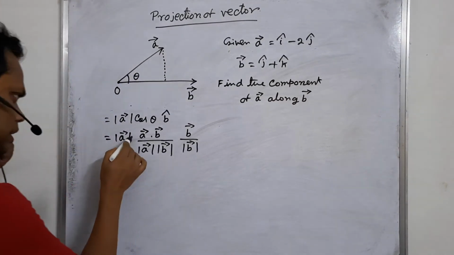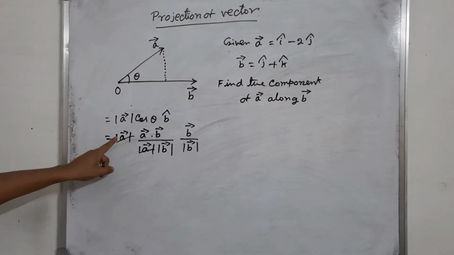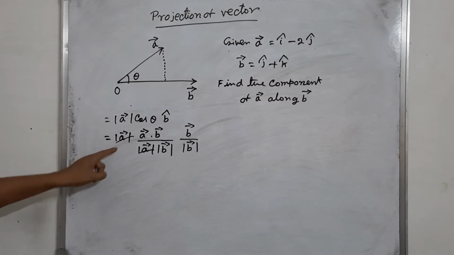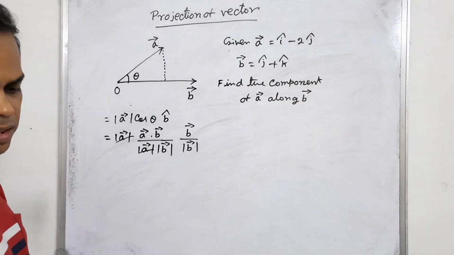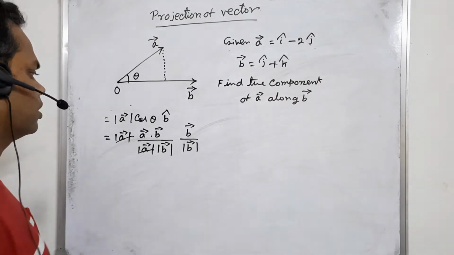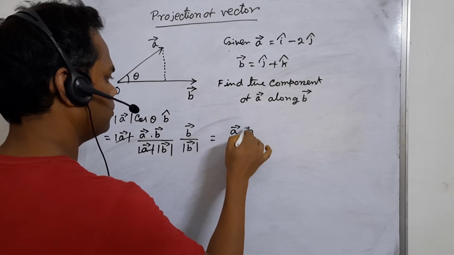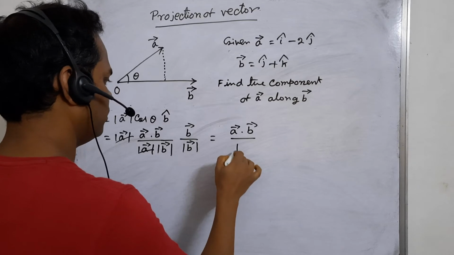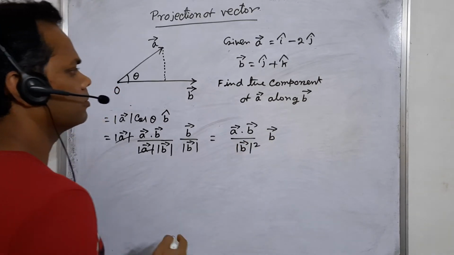By cancellation of these, because modulus of a is a scalar quantity and this one is also a scalar quantity, the two scalar quantities cancel each other. So we get a vector dot b vector by modulus of b vector square into b vector.